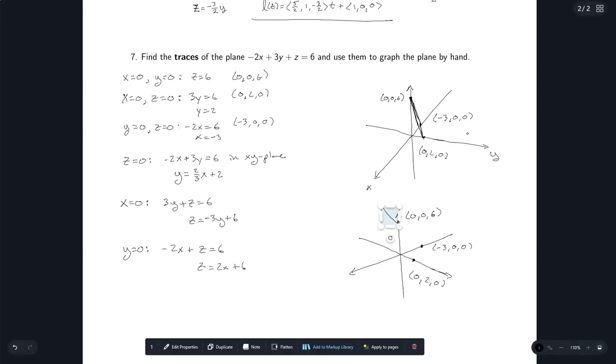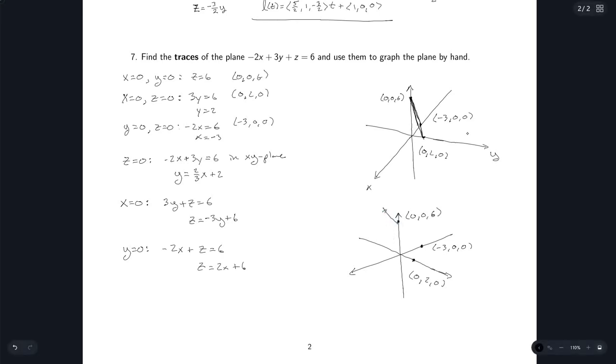And I'm going to draw the lines through these points, which are the traces. The traces are when you just set one of the variables to a constant and then get the lines out of that. And we could try and draw some more lines here, but we're going to quickly see that things get cluttered.